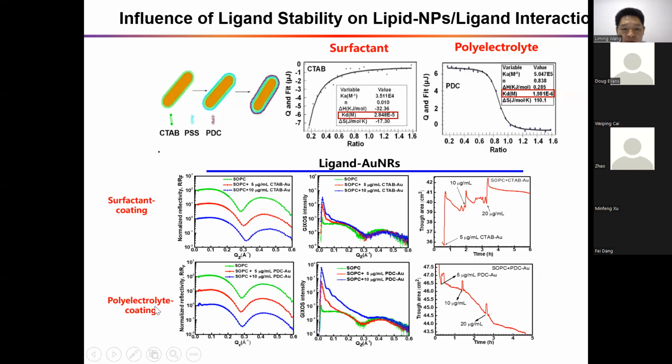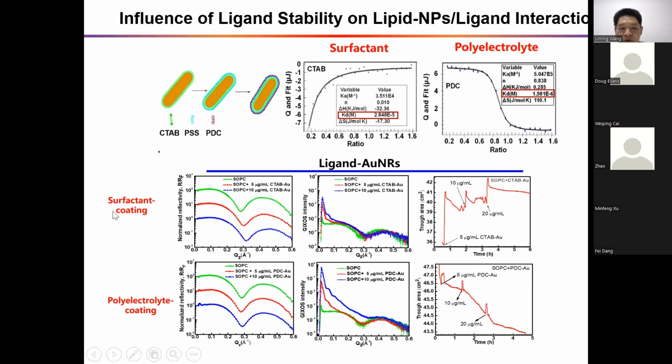For polyelectrolytes, the lipid keeps the same thickness. So this suggests that these two kinds of molecule-modified gold nanorods cause different effects on the lipid.